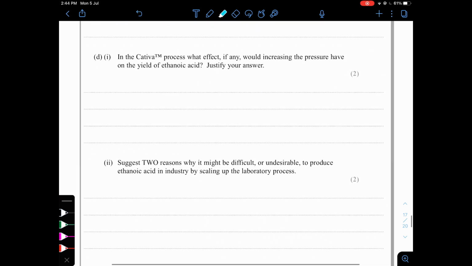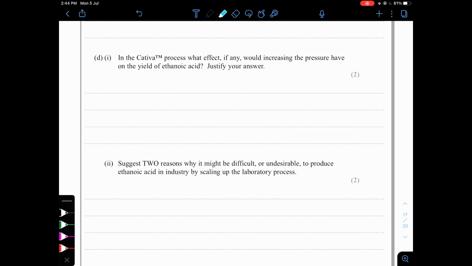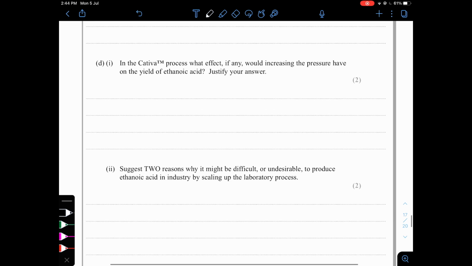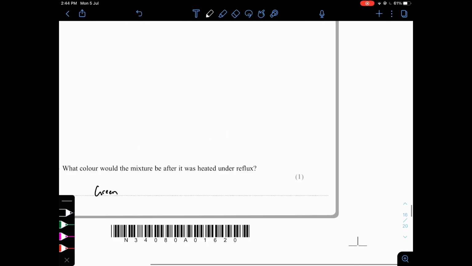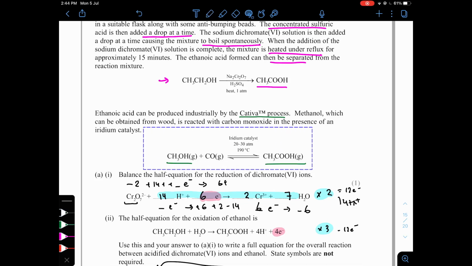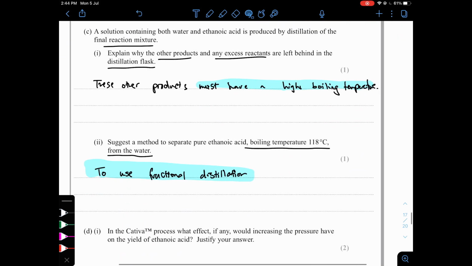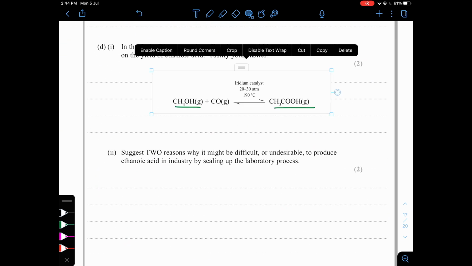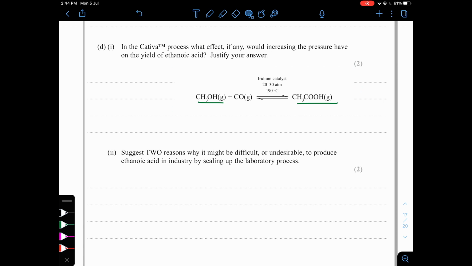In the Cativa process, what would happen to the yield of ethanoic acid when you increase the pressure? So if we go up here to the Cativa process, what's happening here? We know increasing pressure favors the side with fewer gaseous molecules.